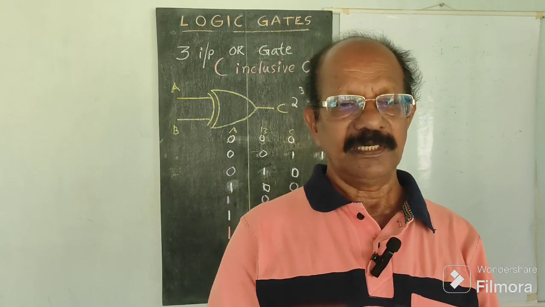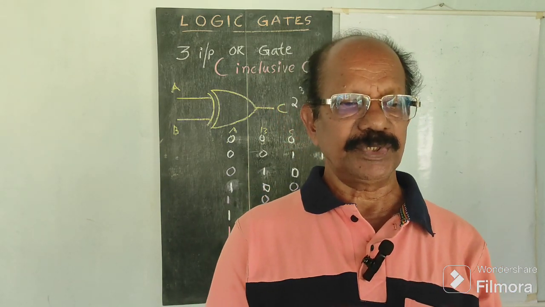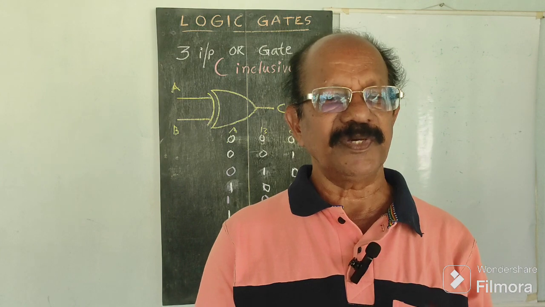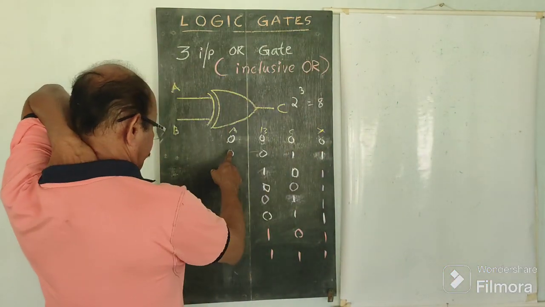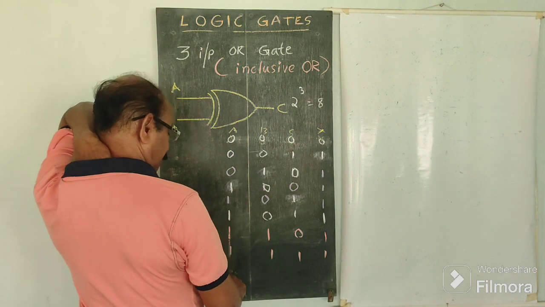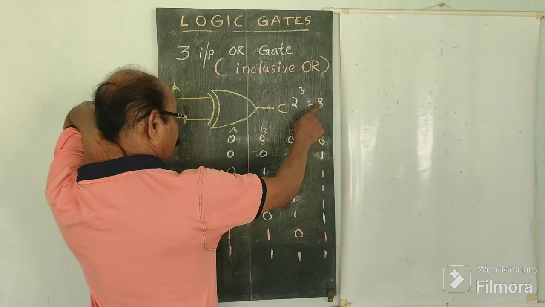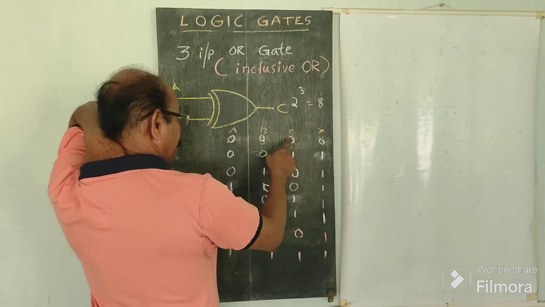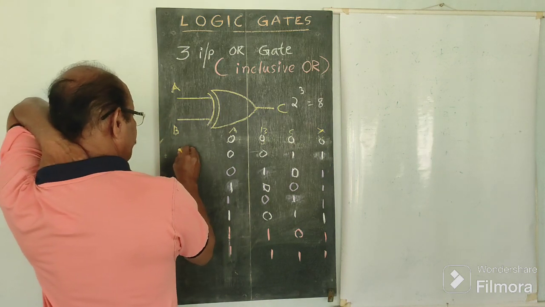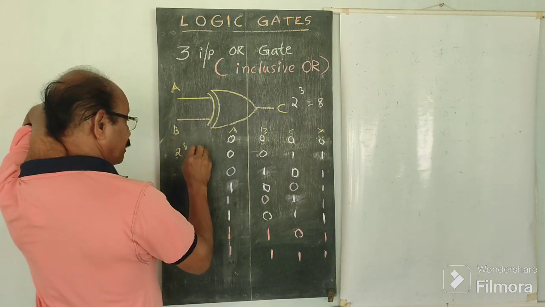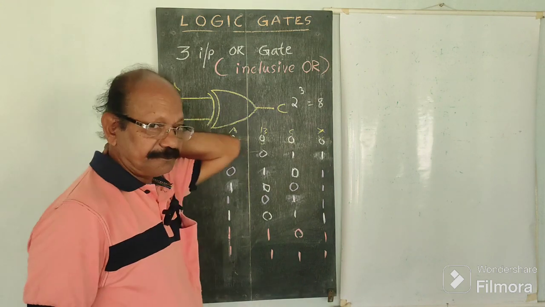In general, the number of horizontal rows is 2 raised to n, where n is the number of inputs. Now here it is 3 inputs, so it is 8 rows. That is the meaning of that definition.